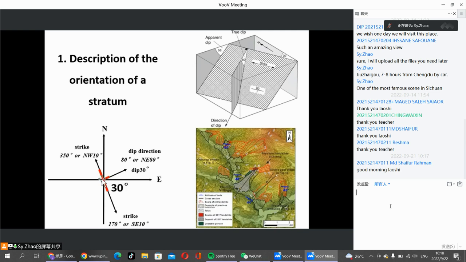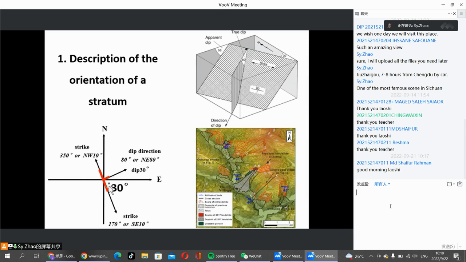The direction of dip is down the dip, which refers to the short line in this symbol. And strike is the direction of the horizontal line on this dipping surface, which refers to the long line in the symbol on our geological map.